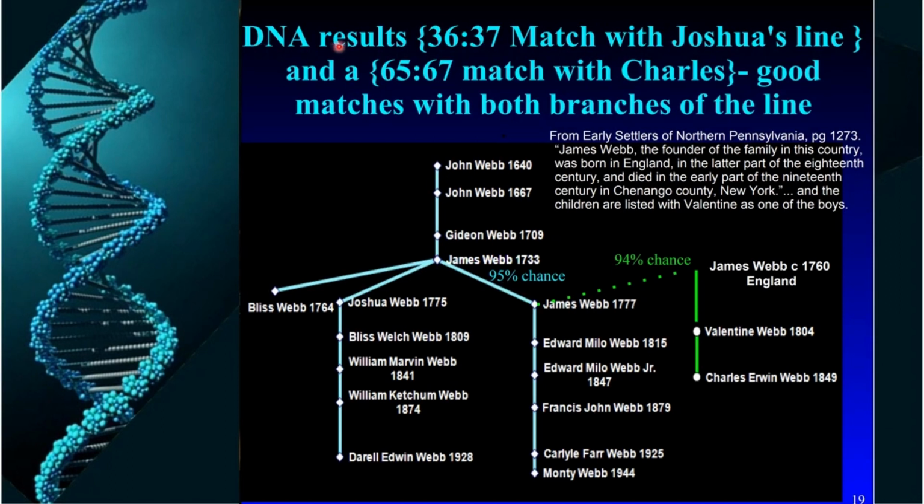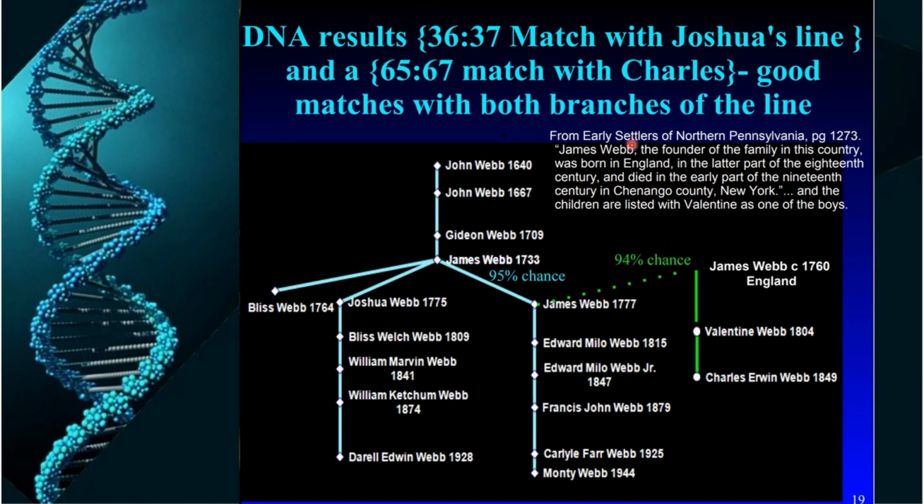So the DNA results were 36 out of 37 that were tested match with Joshua's line. And I had a 65 out of 67 match with a Charles Irwin Webb group. So that's good matches with both branches, you know.